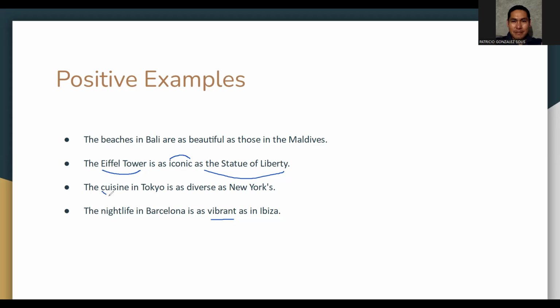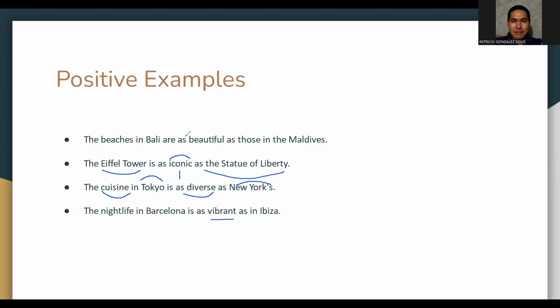So cuisine in Tokyo, diverse, as in New York. So similarity, no difference. Our adjective, no changes. Normal form. Okay.